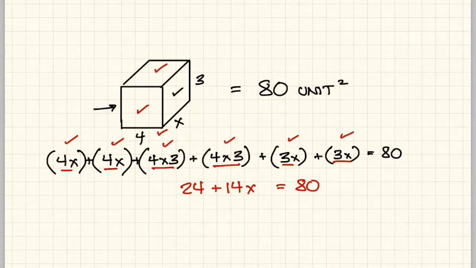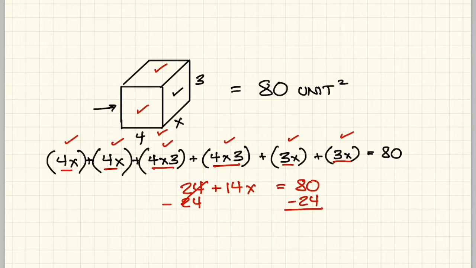80. Now, I've got to isolate x. In order to get rid of this 24, I want to subtract 24. That goes away. Whatever I do to one side, I have to do to the other side.